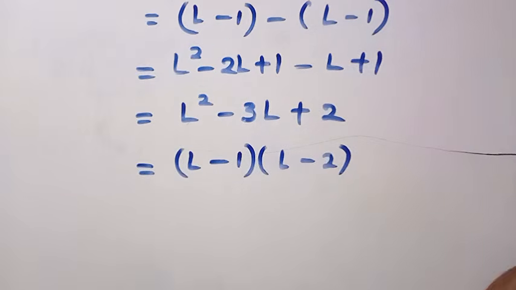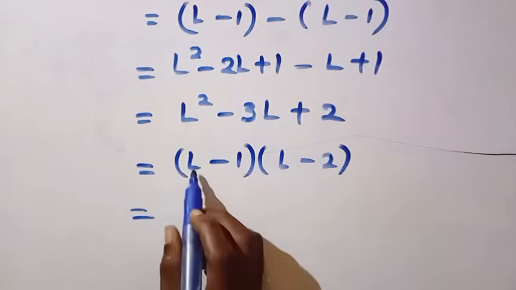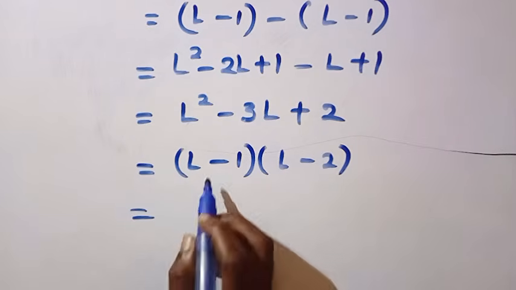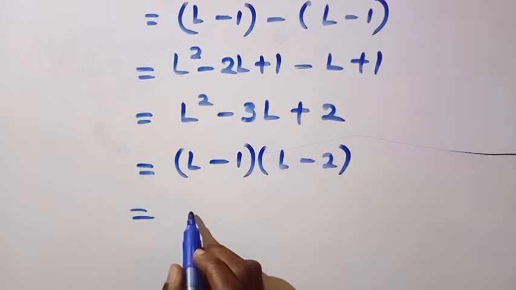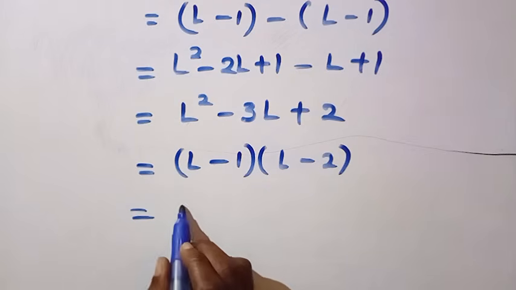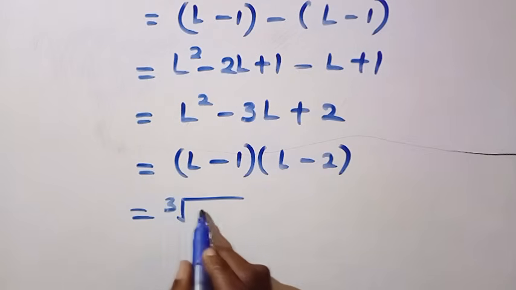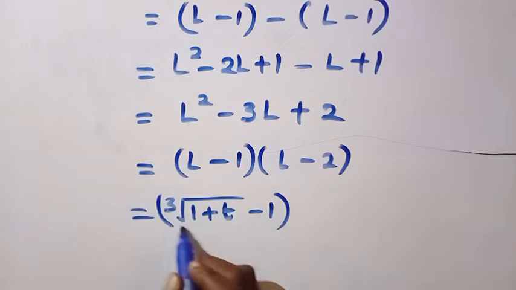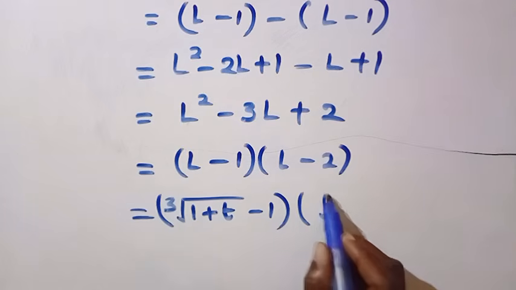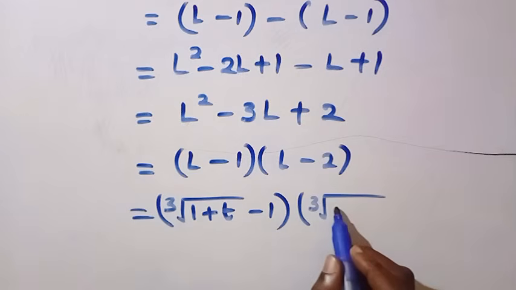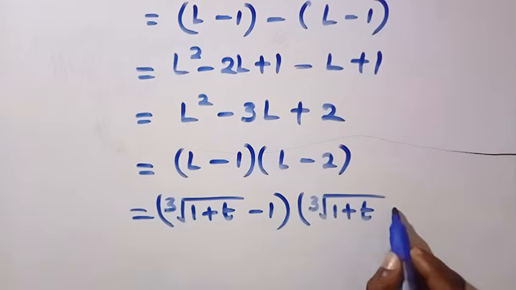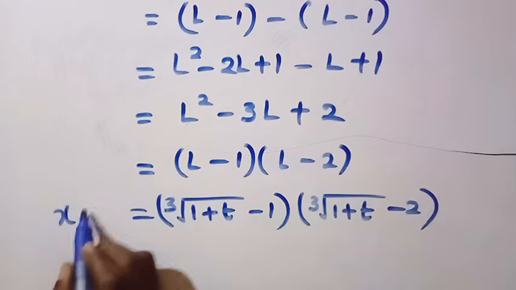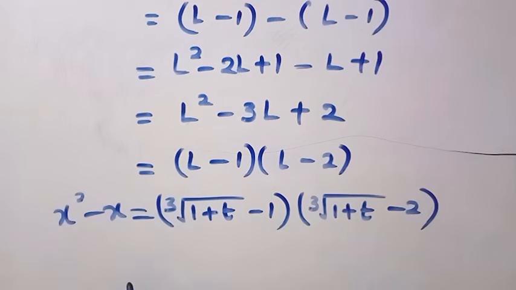So this is a quadratic, and it has been factorized. Let's take this back. Since L is the cube root of 1 plus t, we have (the cube root of 1 plus t, minus 1) times (the cube root of 1 plus t, minus 2), and this is the result of x squared minus x.